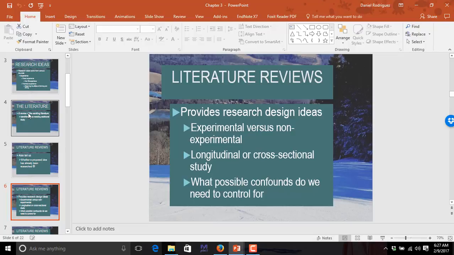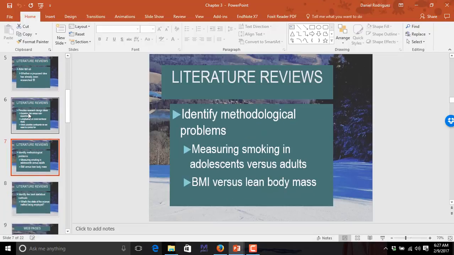All right, so the literature also provides us with other important information about research design, what kind of designs are prevalent in a particular area of research. Is it more experimental? Do you have experimental groups, control groups? Is it random assignment? Have most people done longitudinal or cross-sectional studies? What variables you need to control for?